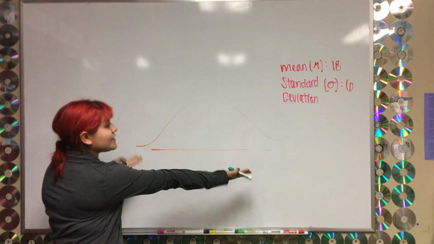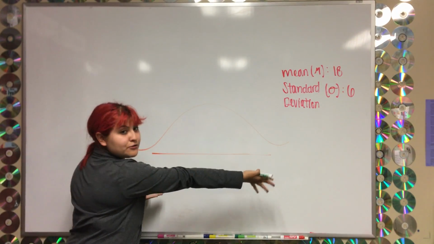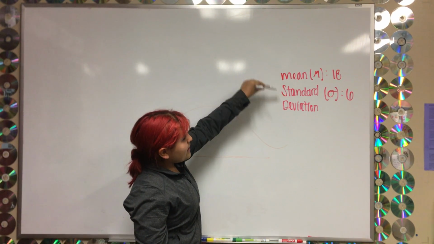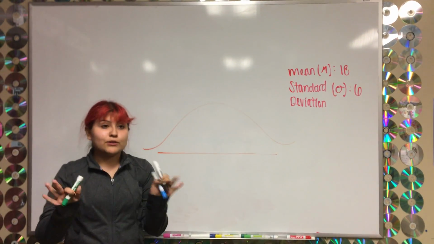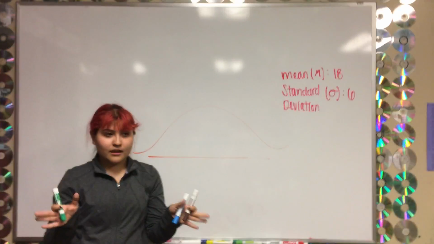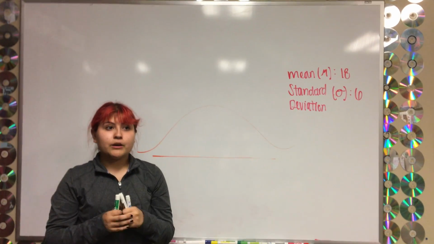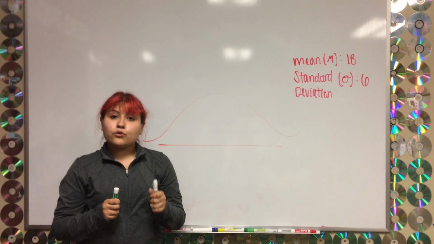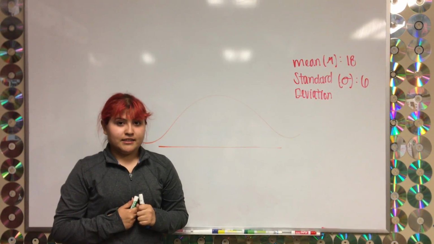Okay, so as you can see here, this is a normal distribution with a mean of 18 and a standard deviation of 6. So basically, in this problem, we are asked to find what percent of students scored 12 or lower on their SATs.